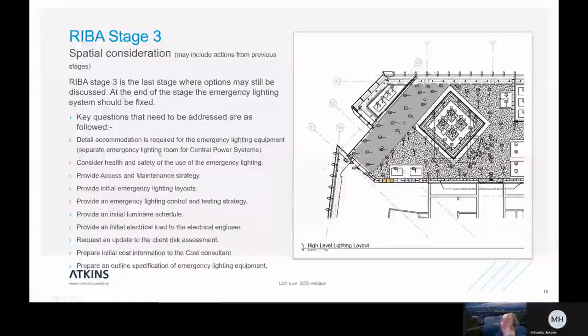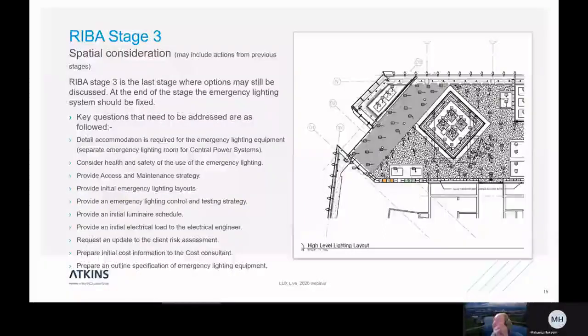Detailed accommodation, central battery power systems. You've now detailed that, so you may have an idea as to how big your central battery or central power system is going to be. Health and safety use of emergency lighting. Well, you need to think, are there visually impaired people in here? Are there people that require additional emergency lighting?